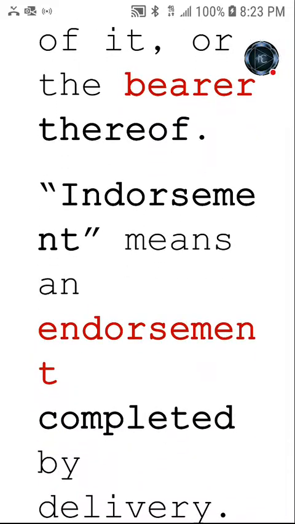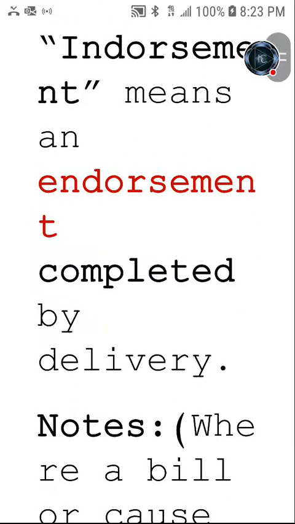All right, endorsement means an endorsement completed by delivery. Wow. Okay, so once you deliver the endorsement, it changed from an indorsement to an endorsement.